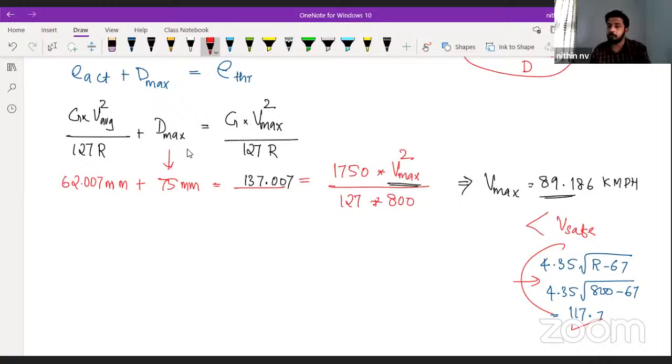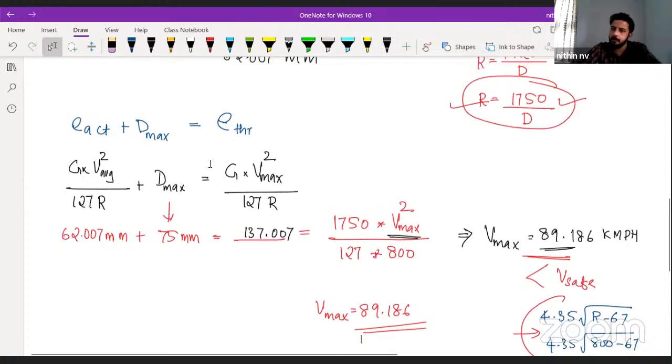If you are getting a lower value, that lower value only we have to take as our Vmax value. Clear, guys? So which is lesser out of this? 89.186 will be our Vmax. Don't think that we have to take the maximum. Whichever is lesser, that is our maximum. Are you getting 89? Clear?